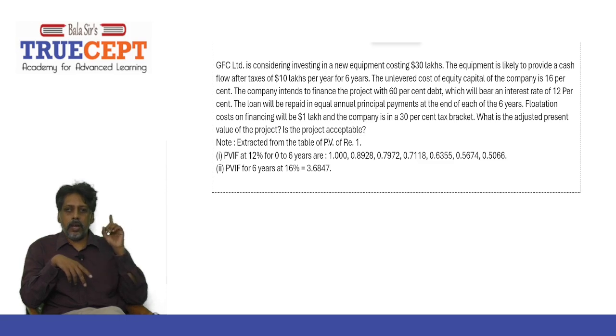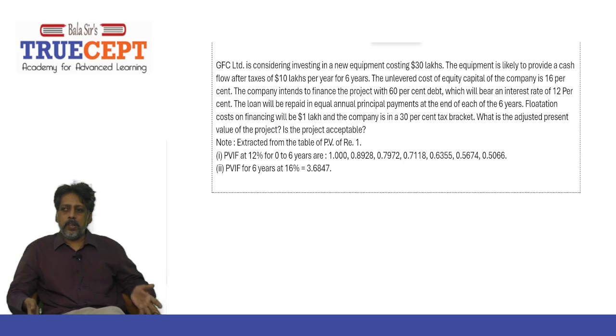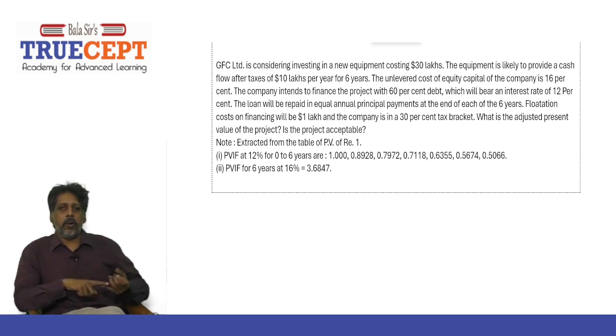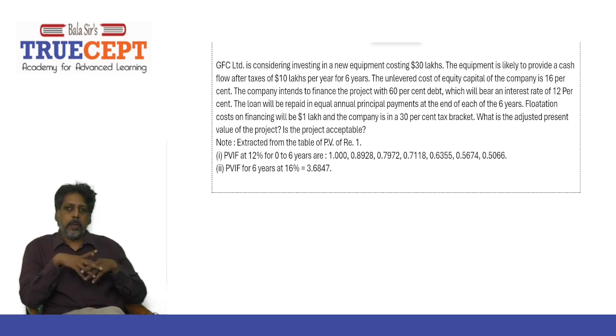Let's have it as our company. Our company is going to invest in a machine costing how much? $30 lakhs. People think, is this some sum on Forex? No. We are going to calculate the net present value in dollars. Is that fine? Yes, sir. So, US $30 lakh is your initial outlay.